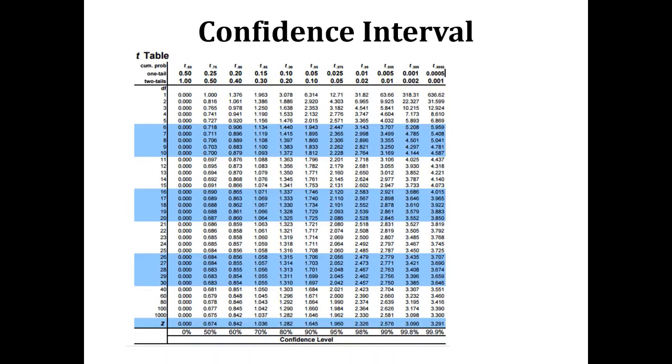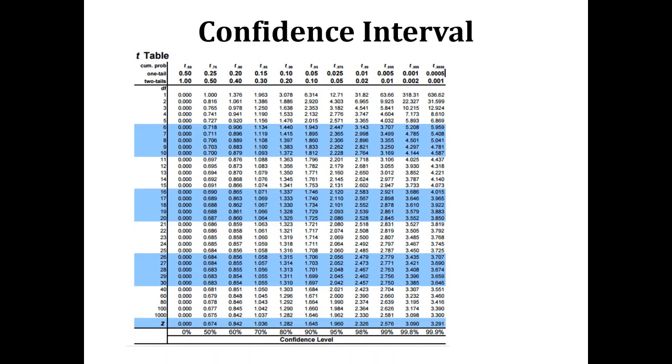So now we see the t-distribution table, right? In the t-distribution table, you can see that the values are two-dimensional. Each cell within this table corresponds to two factors: one is the p-value and the other one is the degree of freedom, df.